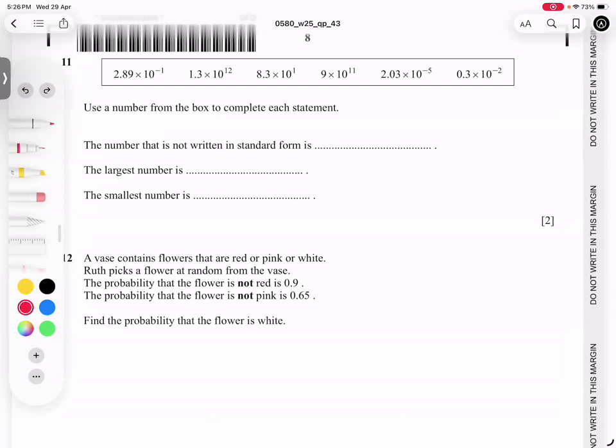Let me write the rule: the decimal must be after one non-zero digit from the left side.